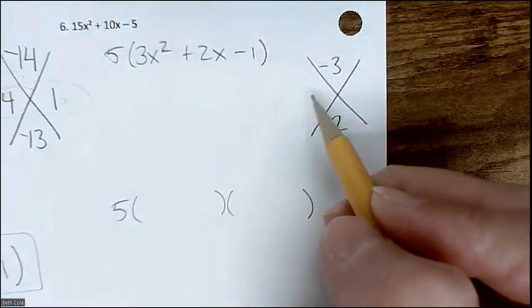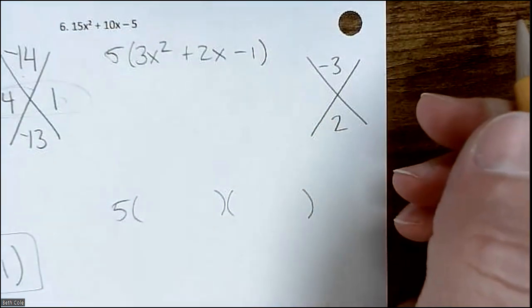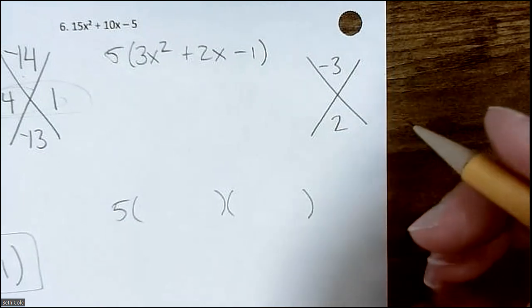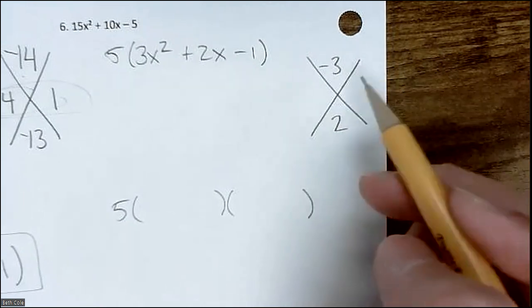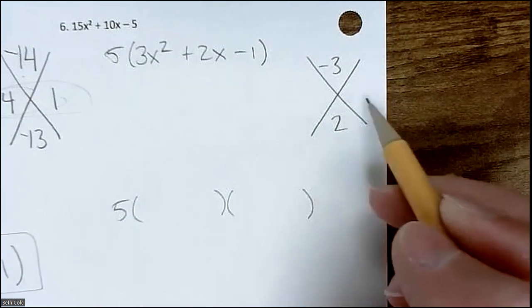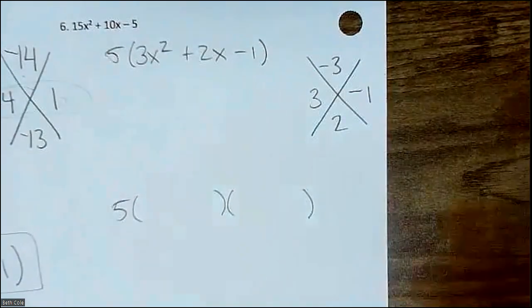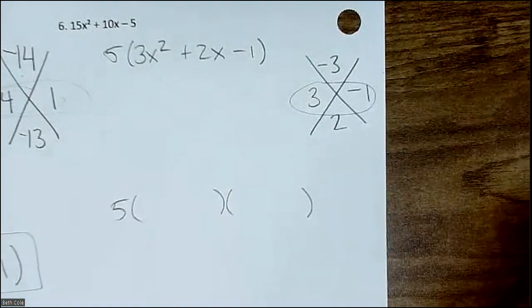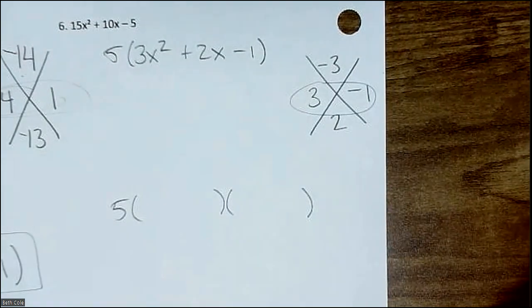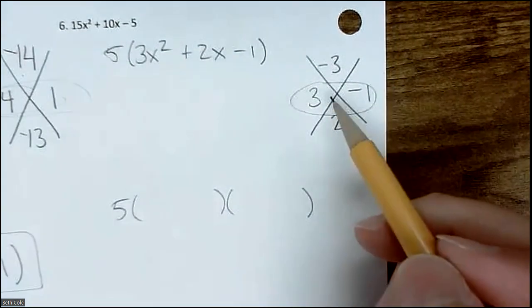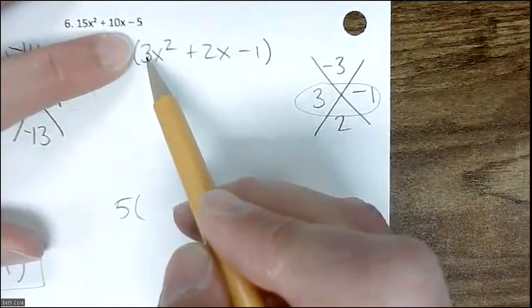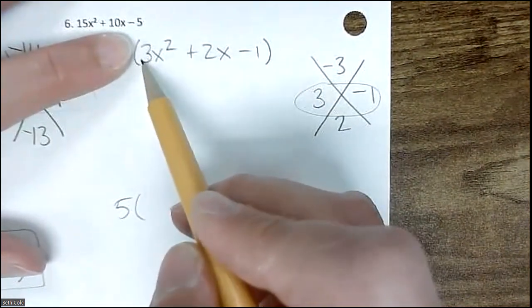All right, so when you go to fill this in, can you get your head up, please? Did you try this? Do you have an answer? Hey guys, what did you put for your numbers here? Yep, good. 3 minus 1 will give you 2. We're gonna take these and put them over 3.